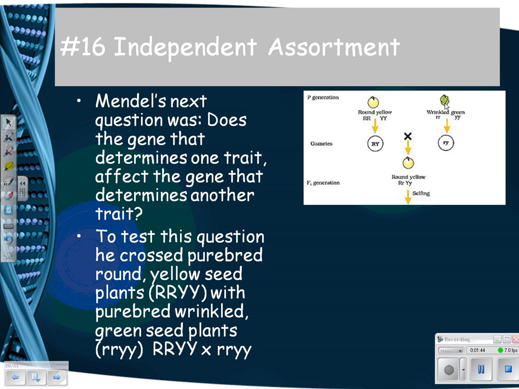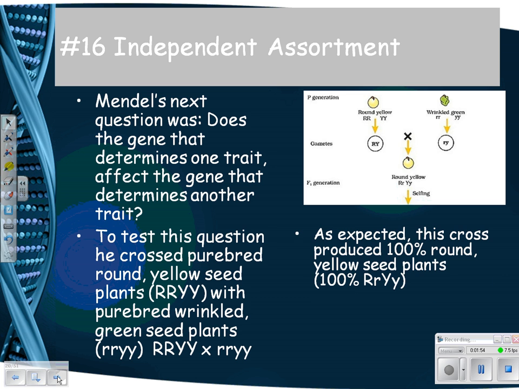Then he took the wrinkled green, the recessive traits, and once again you get one of each. So when he did this, he got the expected 100% of the round yellow seeds.